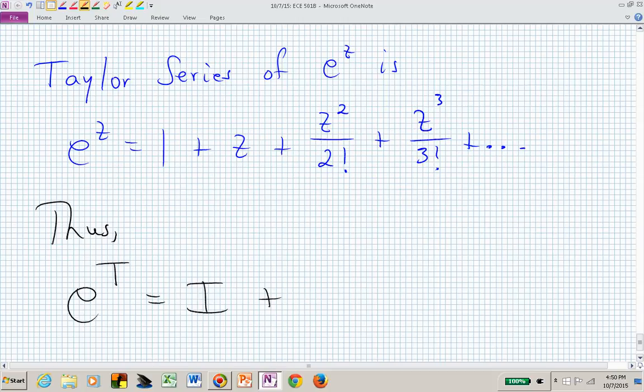What's my next term in this Taylor series expansion for the exponential of a matrix? T plus, and now that 1 over 2 factorial is just a scalar times T squared, plus 1 over 3 factorial, another scalar, T cubed, and that just keeps going.